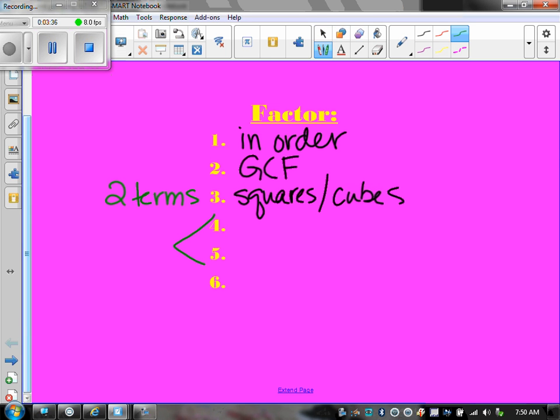The next 2 steps happen if you have 3 terms in your problem. If there are 3 different terms, 3 different pieces, then you're going to factor one of these 2 ways. The first way is by basic factor. If it's not a basic factor problem, then it's a bottoms up.